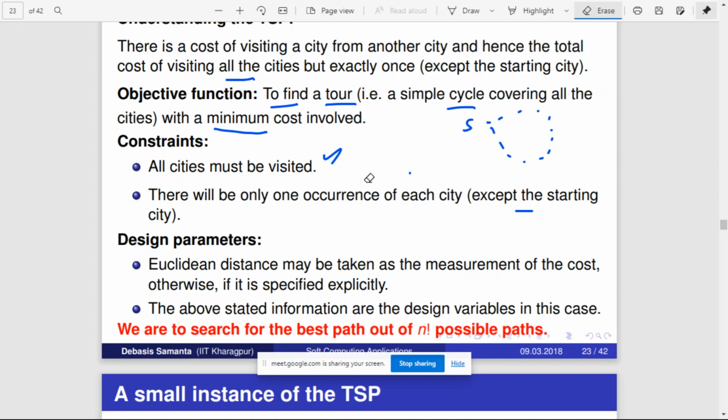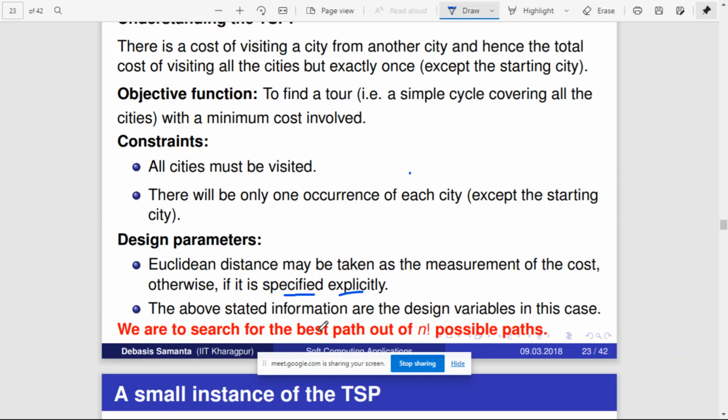So Euclidean distance is a method of calculating the distance between 2 points. So either you can consider the Euclidean distance between 2 points as the distance between two cities, otherwise, if the distance is specified in the problem itself, then take that as the distance. Okay. The above stated information are the design variables of the problem. The number of cities and the cost of reaching each city, all these are the design variables.